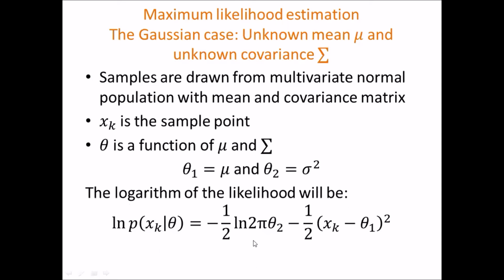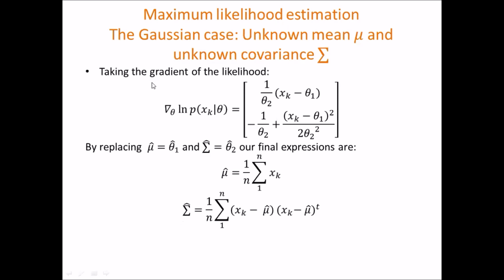After the operation we came across this result. Now taking the gradient of the likelihood, I want to find this result. This is just the gradient of the likelihood. Taking the gradient of the likelihood, I want to come across this result by replacing the estimate of the mean by the estimate of theta 1 and the estimate of the covariance by the estimate of theta 2.